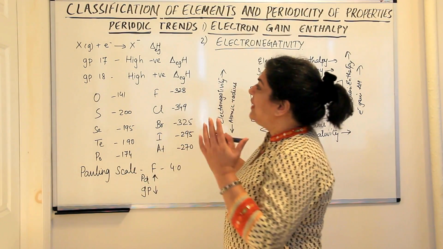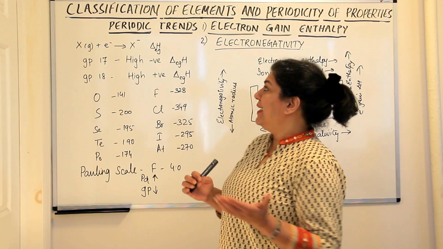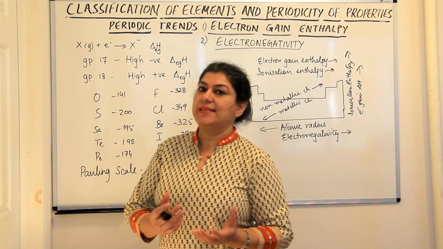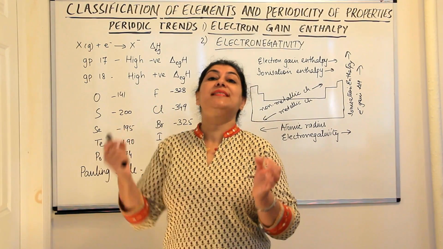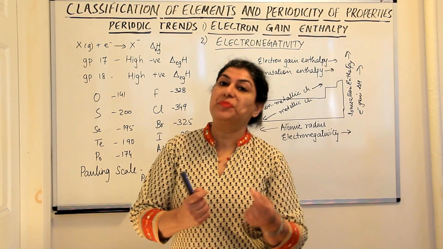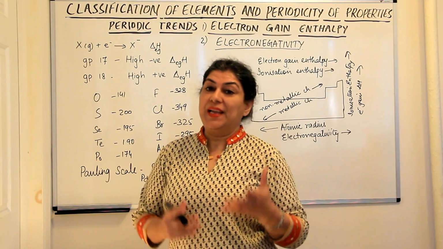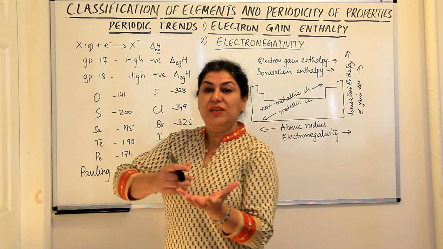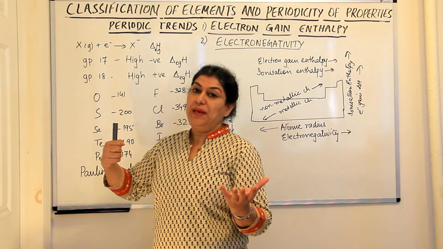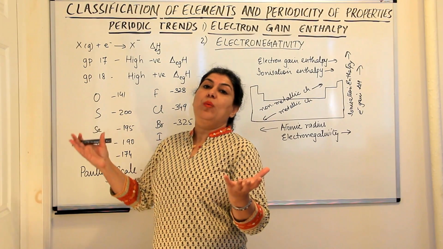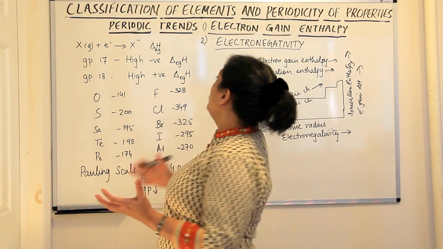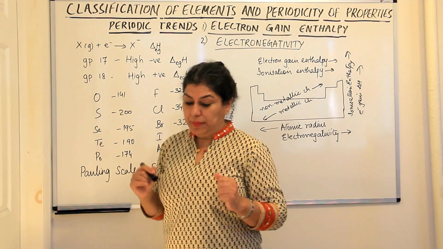And electron gain enthalpy, on the other hand, is the amount of energy that is required or that is released when one electron is added to the outermost shell of a gaseous atom in its ground state. It's basically the opposite. The amount of energy required to pull out an electron was ionization enthalpy, and the amount of energy required to push in an electron into the outermost shell would be known as the electron gain enthalpy.